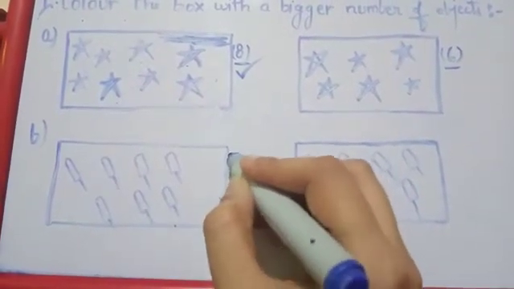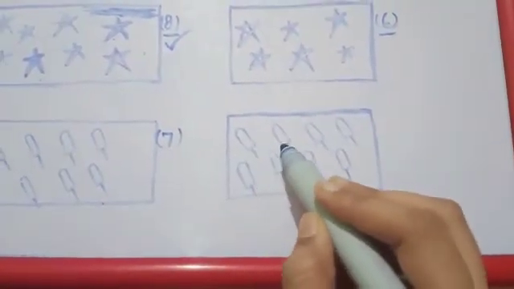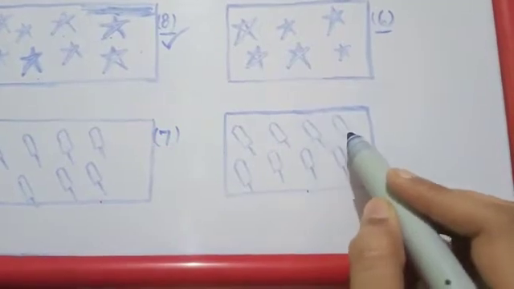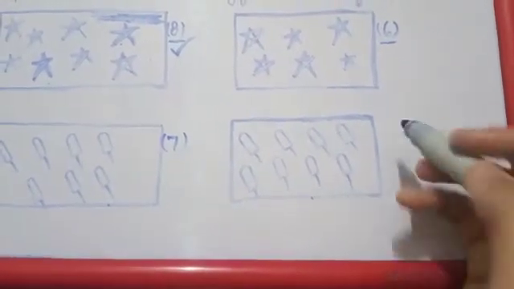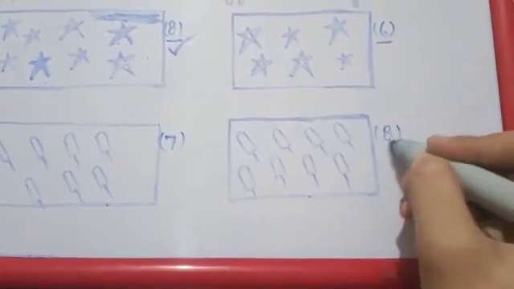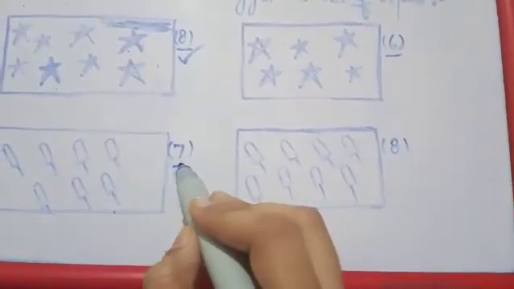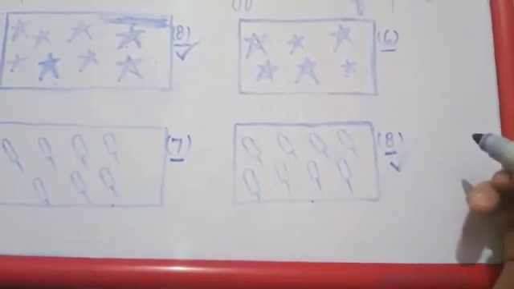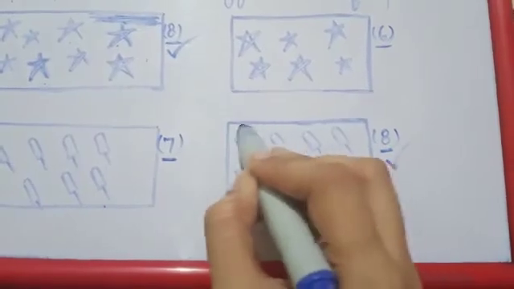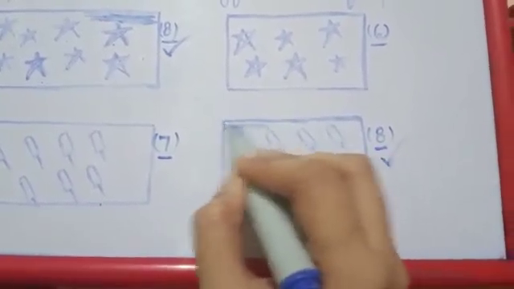So this box is having 7 objects, and this box 1, 2, 3, 4, 5, 6, 7, 8. And this box is having 8 objects. So which one is greater, 7 or 8? Yes, 8 is greater. So now in part B you will color this box, second box.